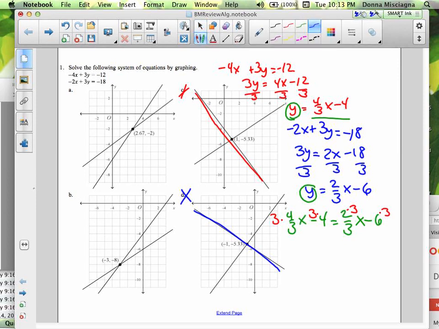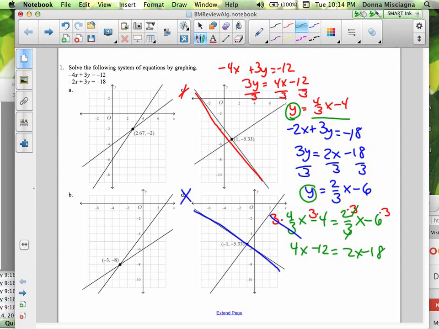As long as we do it to every single term, we're okay. So here the 3's cancel, and I've got 4x minus 12 equals, here the 3's cancel, and we've got 2x minus 18. There, we got rid of all of our denominators.